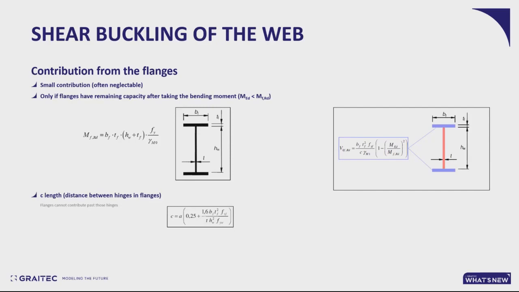And if the flanges can actually contribute, then you need to find out a C length, which is the distance between the hinges that will form along the flanges, because there can be no contribution past those hinges. But when you have the capacity left of the flanges and the C length, you can estimate the contribution from the flanges. You will add that to the contribution from the web to get the entire shear buckling resistance of the web plate.